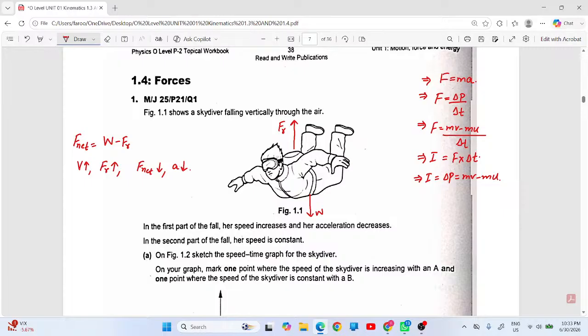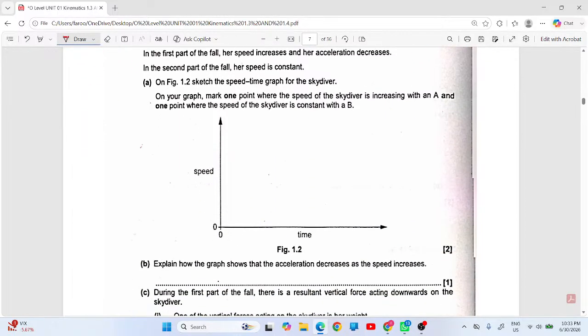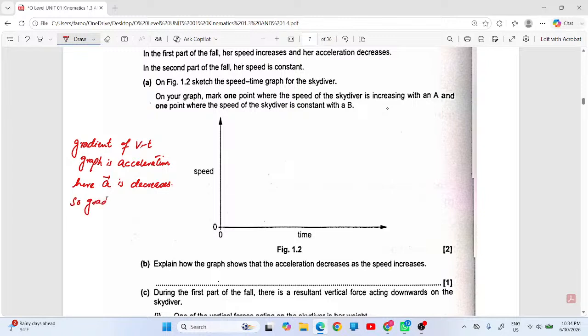So gradient of speed time graph, we know that the gradient of speed time graph is the acceleration. और यहाँ पे क्या हो रहा है? Acceleration here is decreasing. तो इसका मतलब है so gradient also decreases.